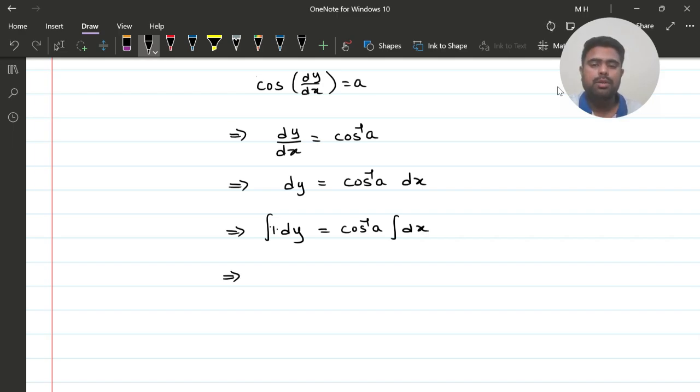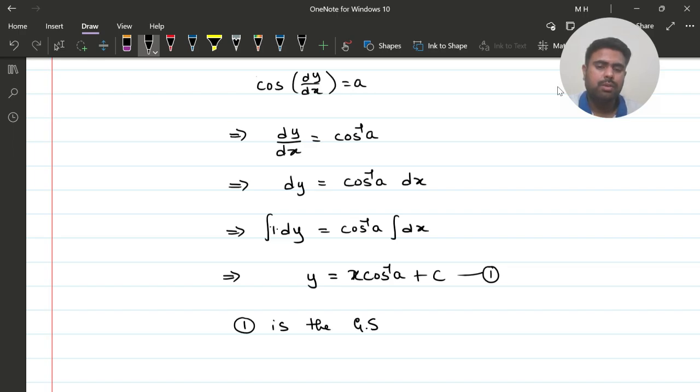The integral of 1 with respect to y is y, equal to cos inverse a as it is, times the integral of 1 with respect to x, which is x, plus the integration constant c. I will call this equation 1. Equation 1 is the general solution.